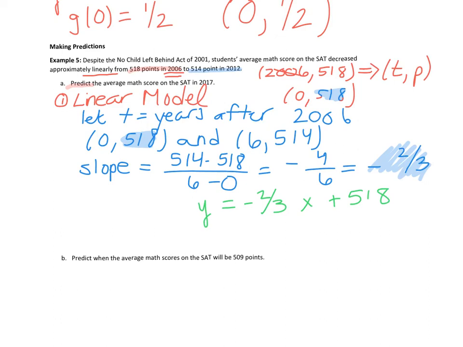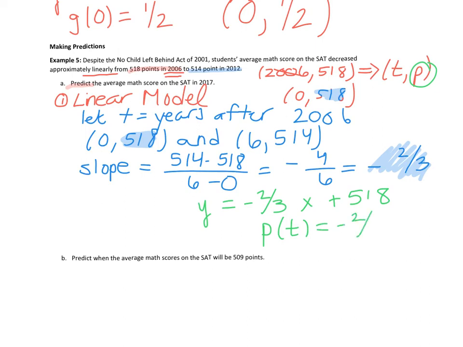All right? So there we go. And we can make it a function of time using our function notation. Let's say p for points is a function of time. And so we can write it like this if we want.